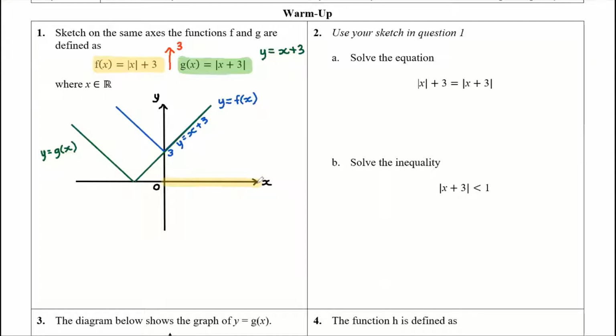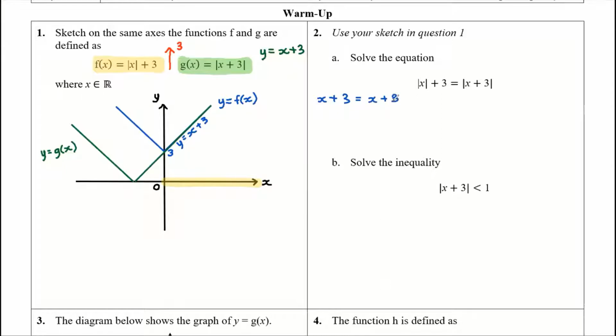So what would happen if we set these two equations equal to each other? Well, what we've got to be clear about is what the sketch is telling us and how we interpret our answer. Because if we just go blind into this, normally I would just consider what would happen when we have the two positive branches intersecting. So what would happen if I set x plus 3 equal to x plus 3?